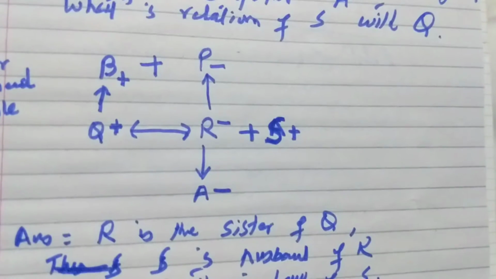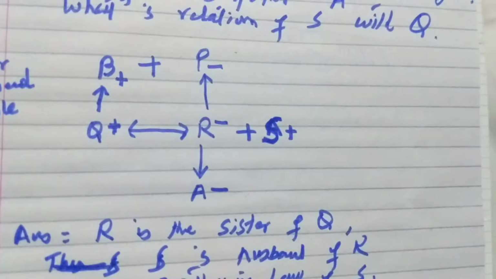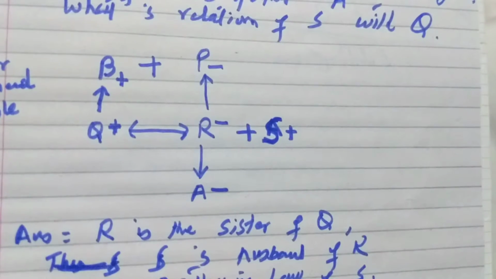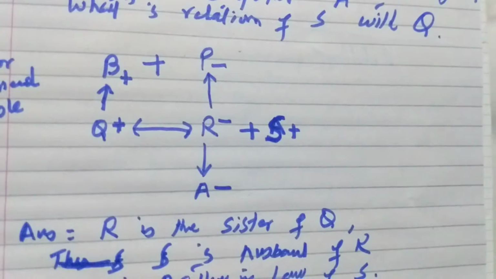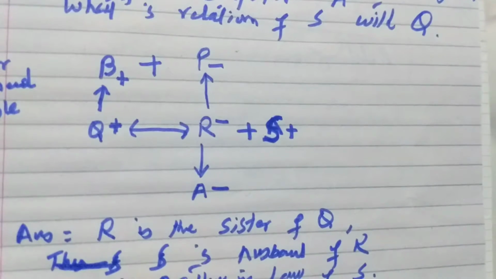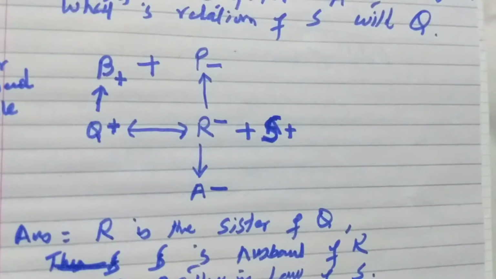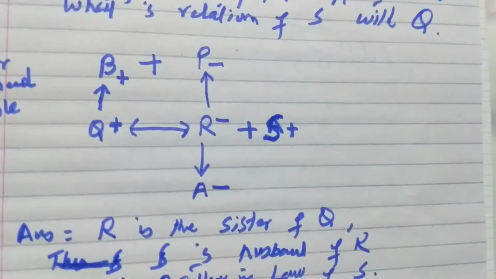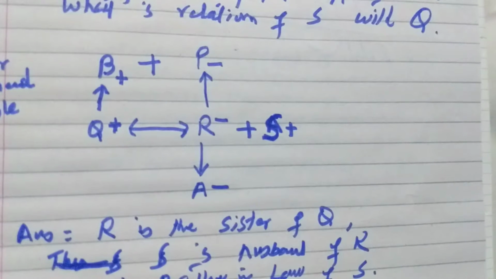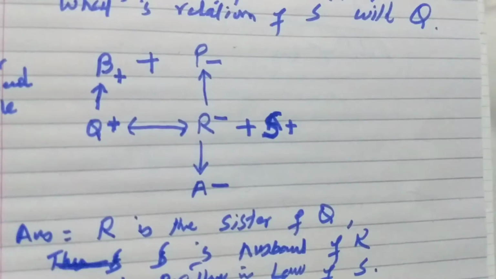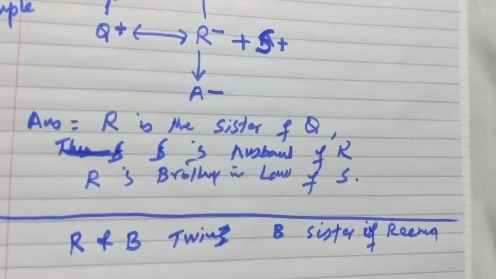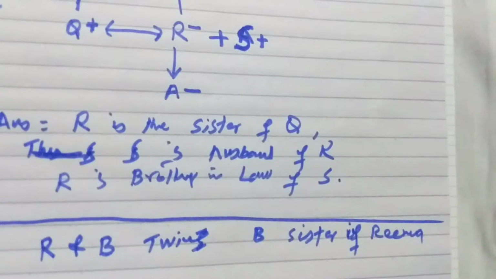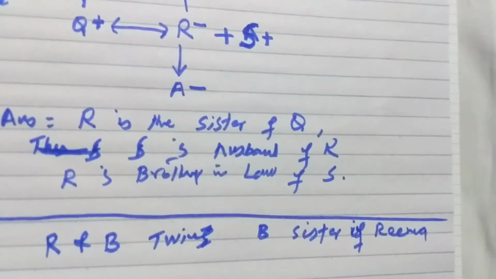S is the husband of R, who is the sister of Q. So R and Q are brother and sister, and R's husband is S. So S and Q are, Q is the brother-in-law of S. The answer: R is the sister of Q, S is husband of R, so brother-in-law.